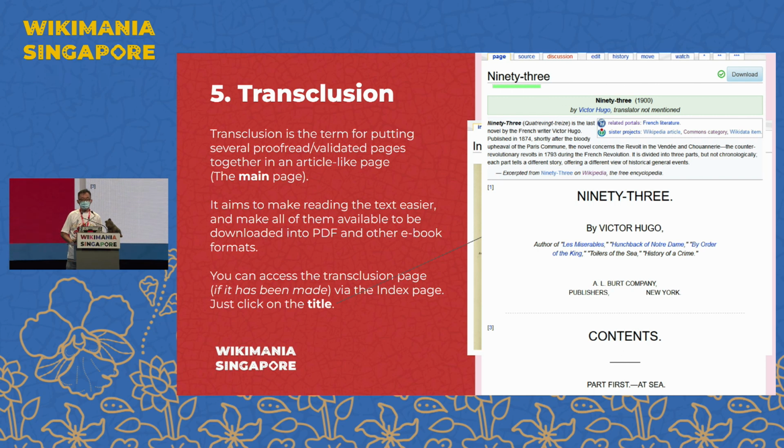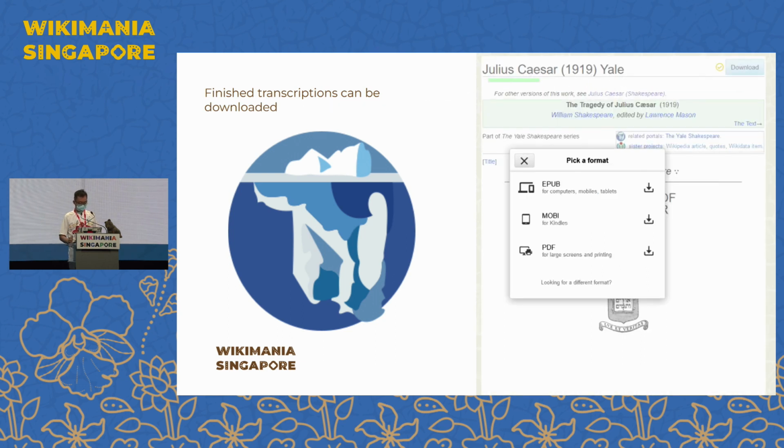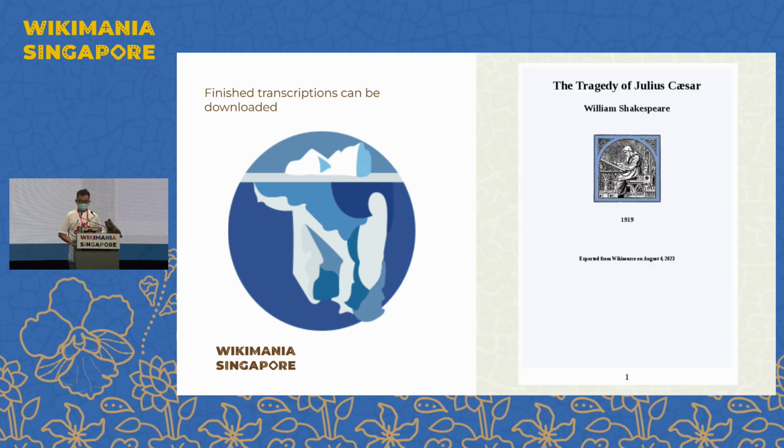So once a book has been validated and then transcluded, you can download the book in a better format. For example, EPUB format, MOBI format, or PDF format. These are more suitable for e-readers. And this is the result, the first page of the mobile and the downloaded books from Wikisource.